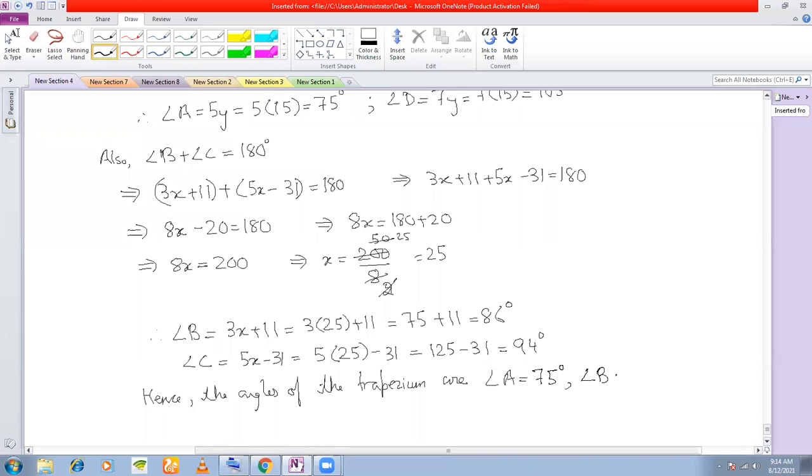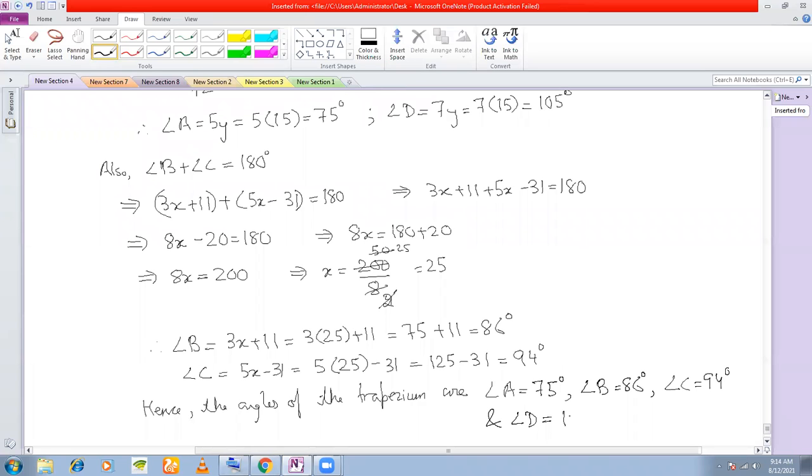How much is angle B? Angle B we have got 86 degrees. Angle C we have got as 94 degrees, and angle D we have got as 105 degrees. So these are the angles of the trapezium.